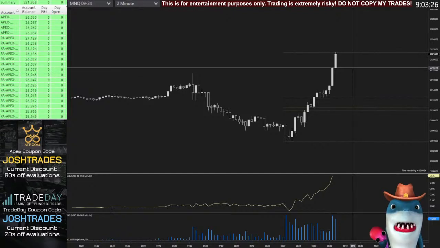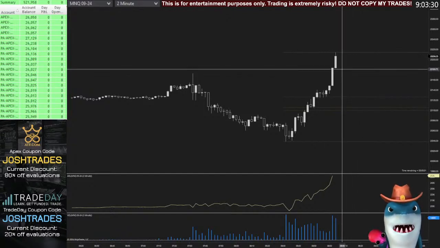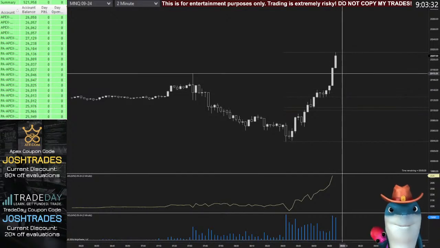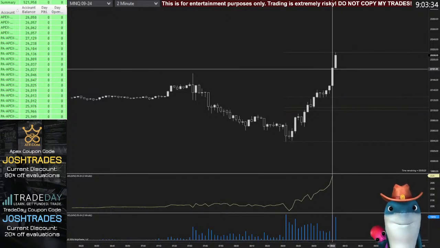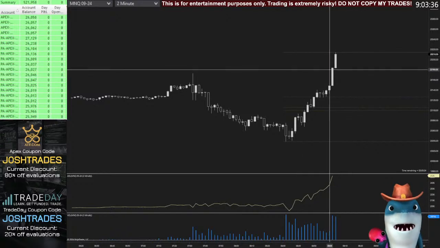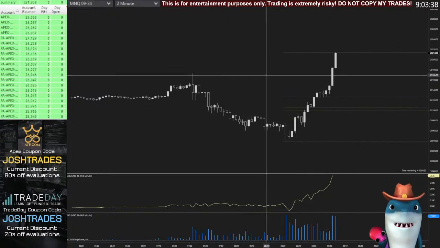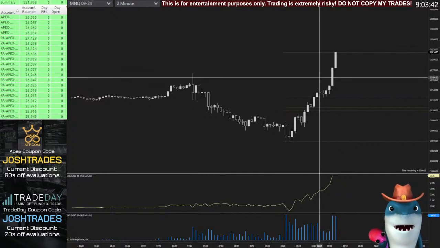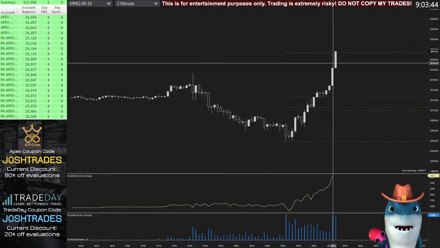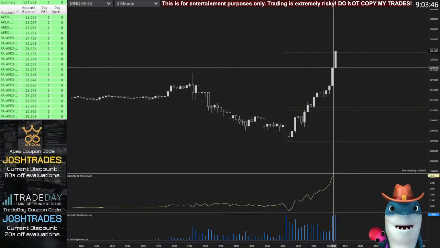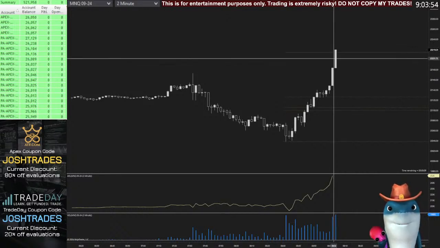Yeah, man, this actually would have been a decent place to enter long, where you have a full bodied candle that pushed above a previous high. It's probably even a liquidity pool here, and it closed so strong that this would have been a great place to go long for continuation.